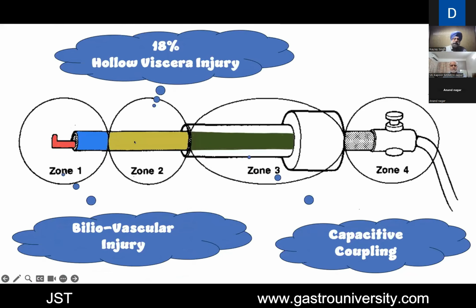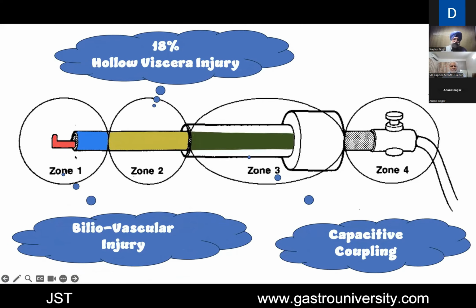It has been seen that in 18% of cases of disasters, the current had actually leaked from zone 2 of the instrument, which is not in the vision of the surgeon because it's outside of the monitor. So it is responsible for 18% of injuries.